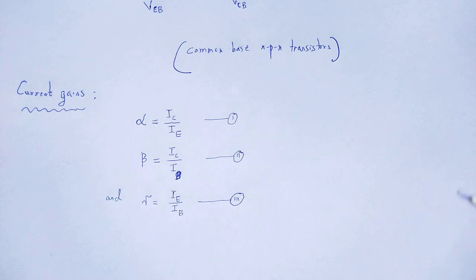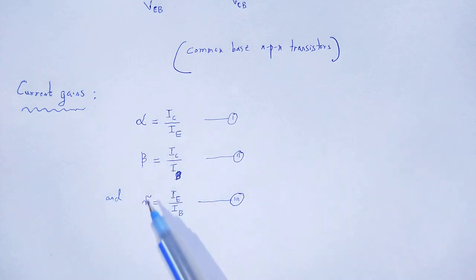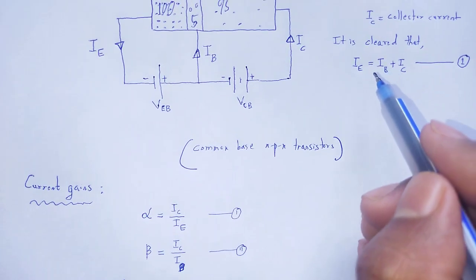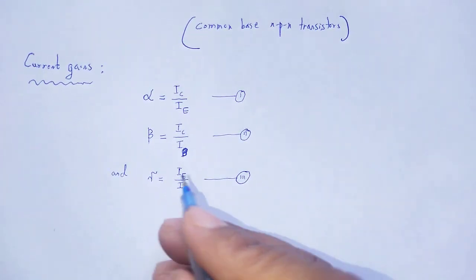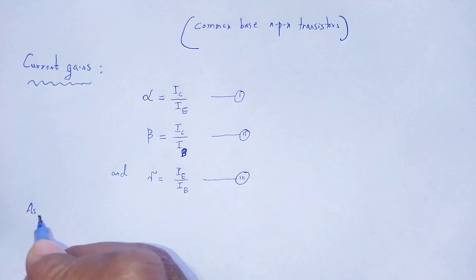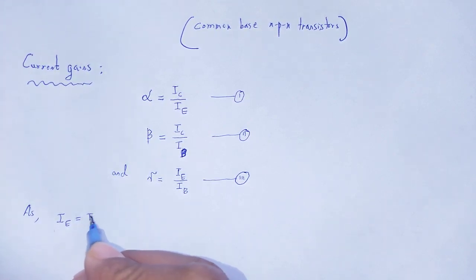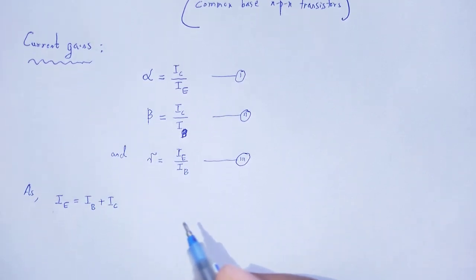Now we have to draw the relation between these three terms alpha, beta and gamma. As we know, IE is equal to IB plus IC, as emitter current is the sum of base current and collector current.